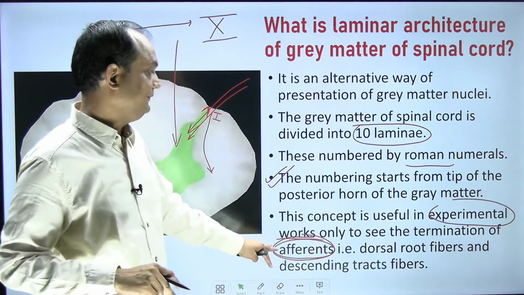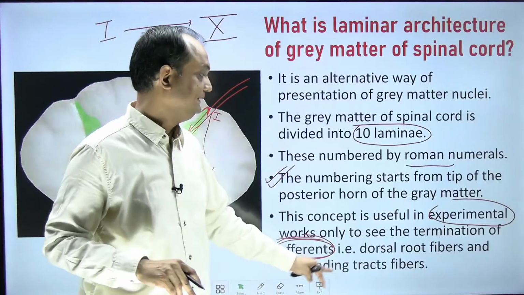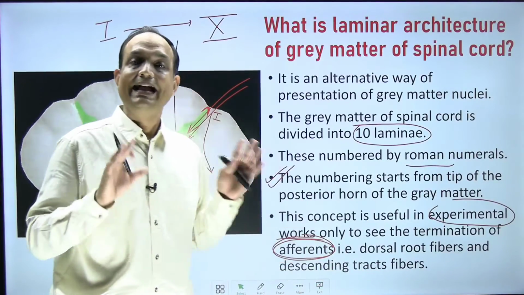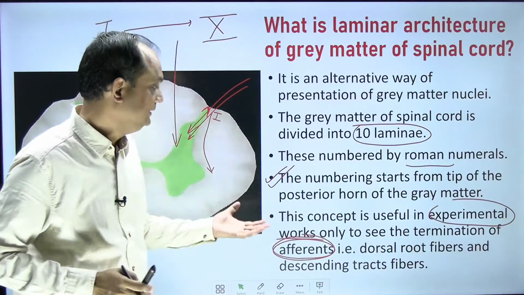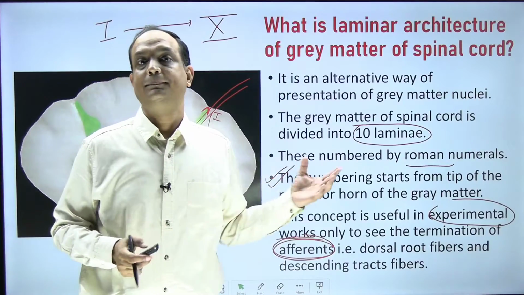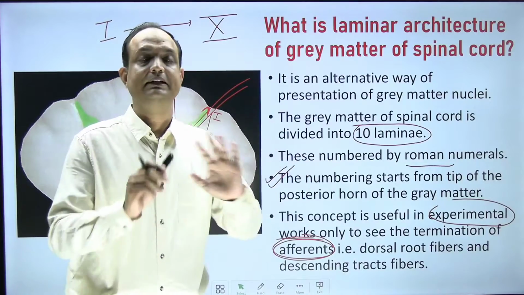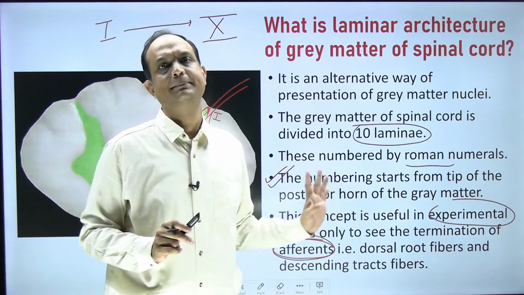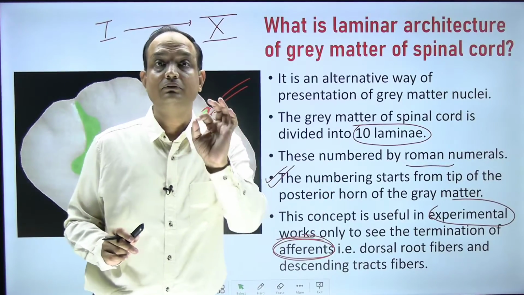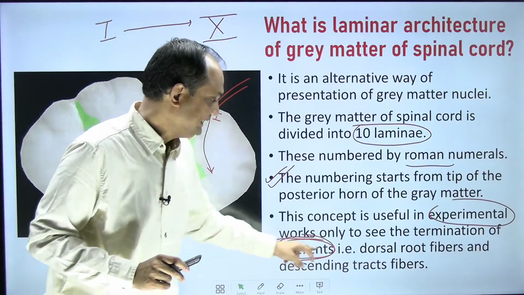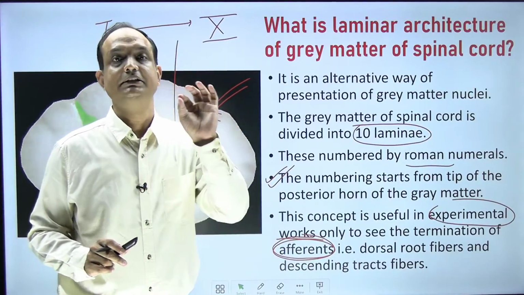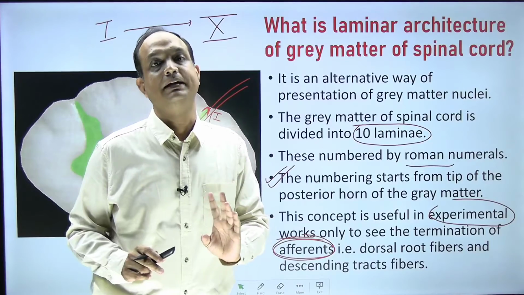So these afferents, dorsal root fibers and descending tract fibers, are the target when we study this kind of experimental work by dividing the gray matter into laminae. And you have to understand that these afferents terminate in each and every part of the spinal cord.